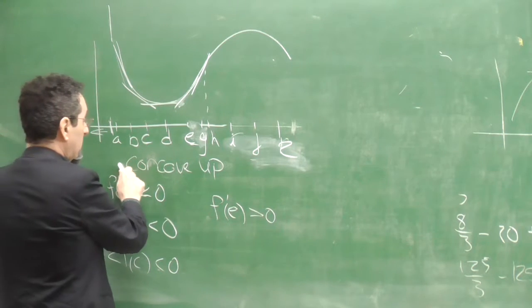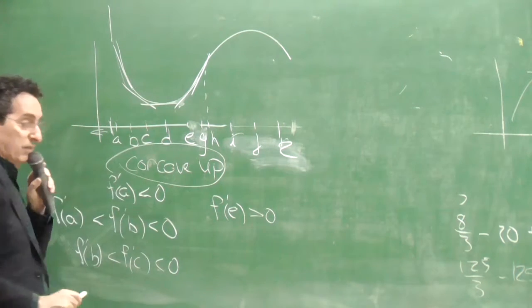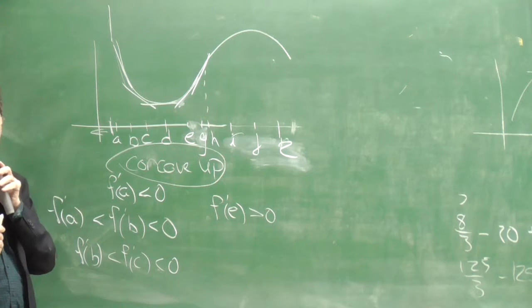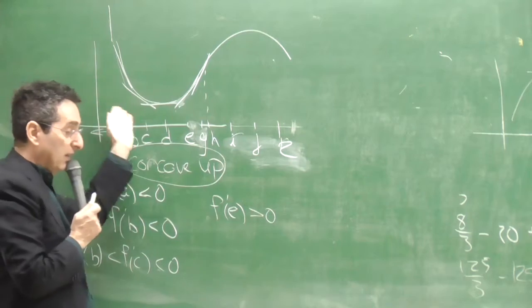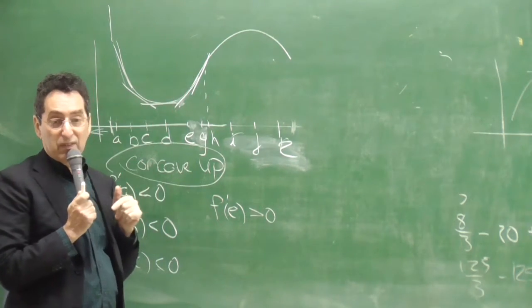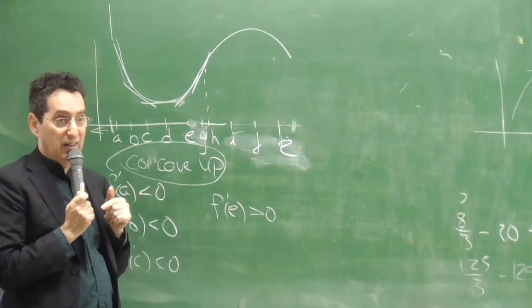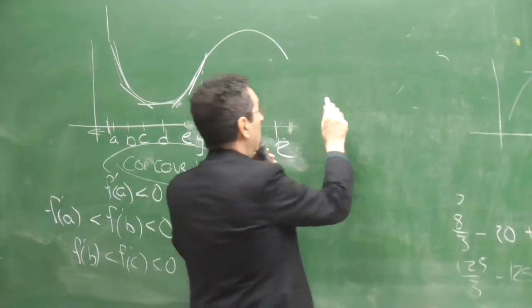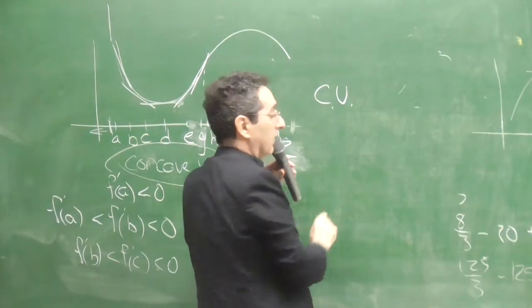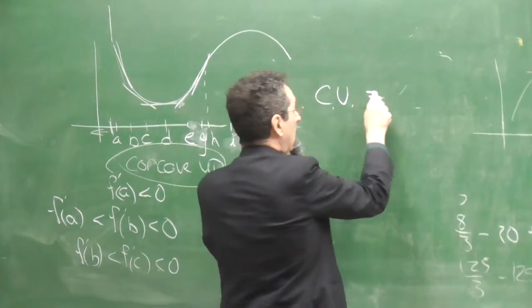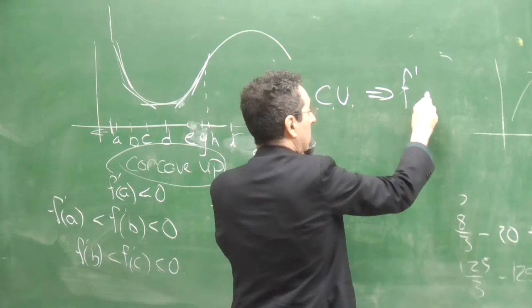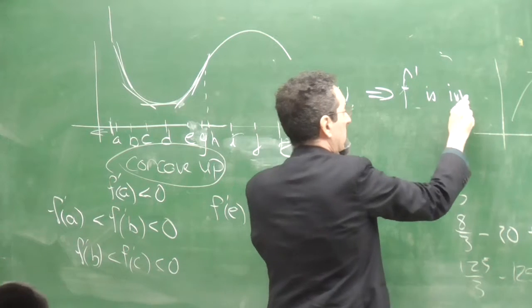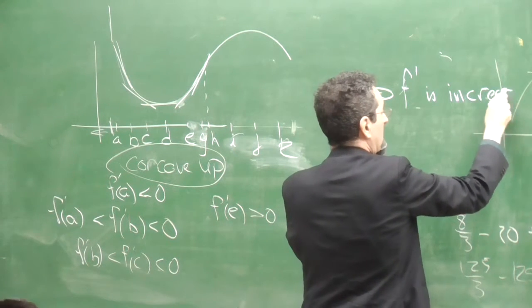So when a function is concave up, the derivative is always going to be increasing. So let's write that down. Concave up implies f prime is increasing. Do you agree or not?